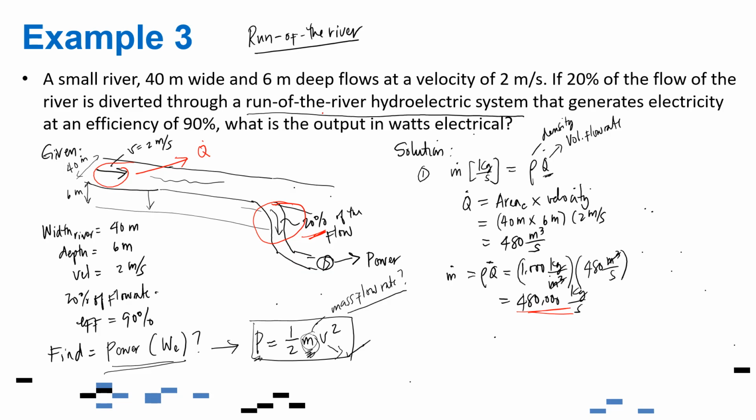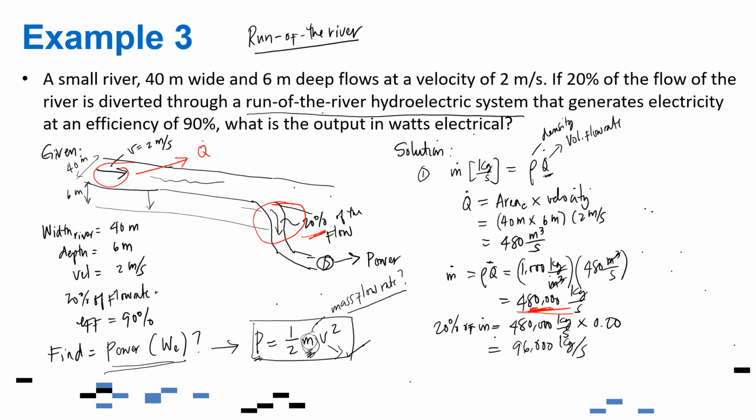So we need to calculate 20% of that mass flow rate, which is 480,000 kilograms per second times 0.2. So in this case, we have the answer, 96,000 kilograms per second.